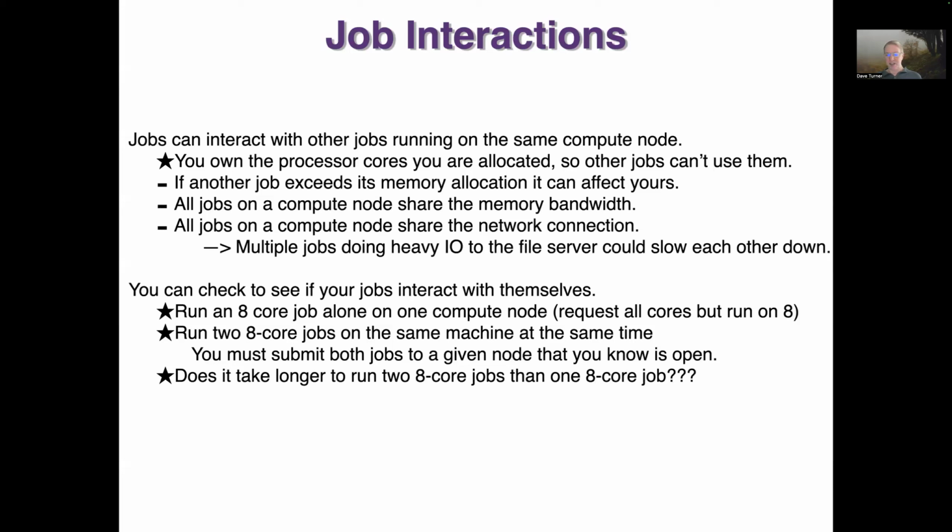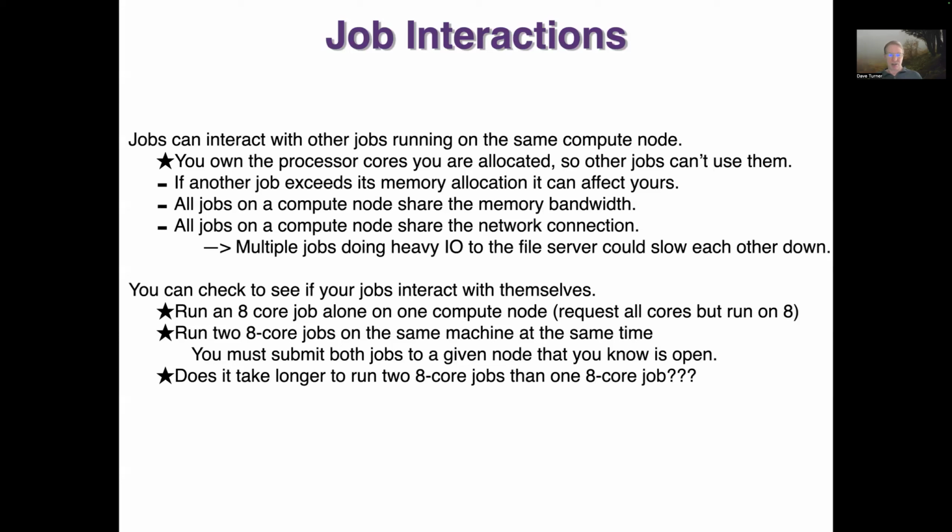It could be that the network connection, if you're doing a multi-node job and someone else is using multiple nodes, then you'd be sharing the communication channels, and that could slow things down. But we really don't observe that on Beocat or Beoshock because not many people are using multiple nodes.